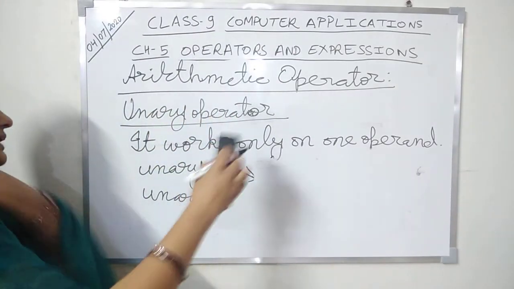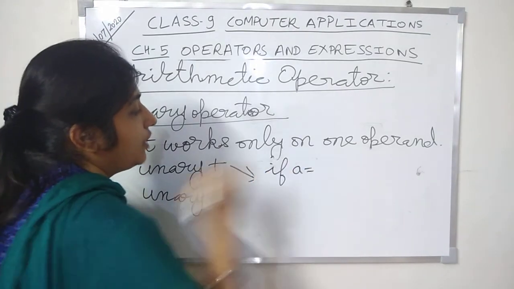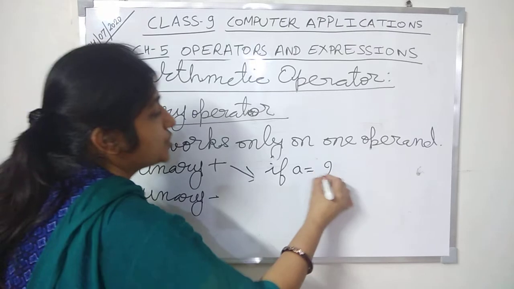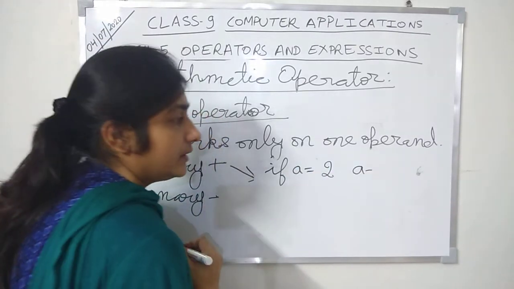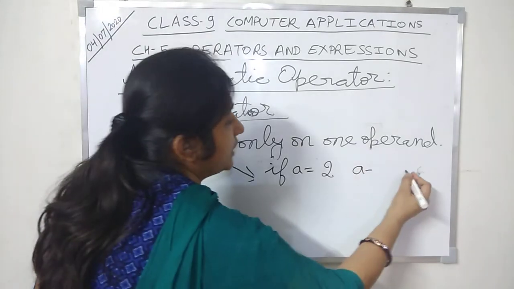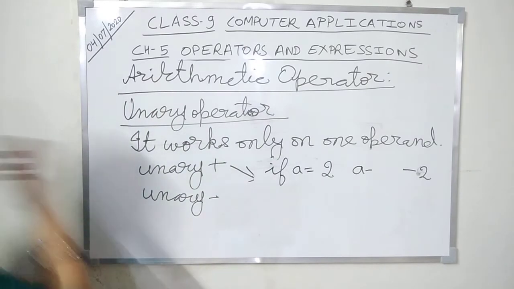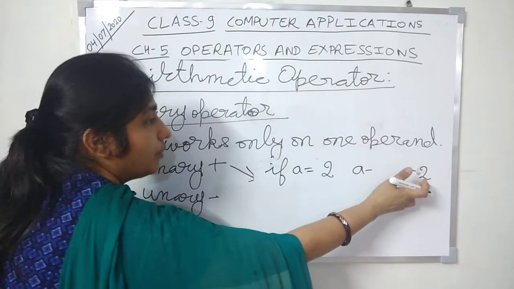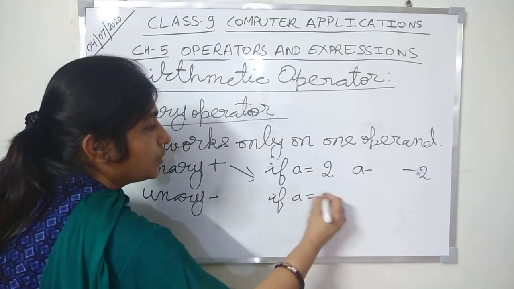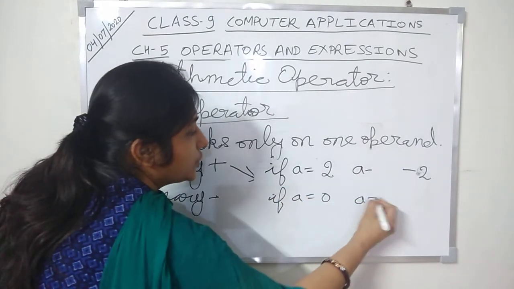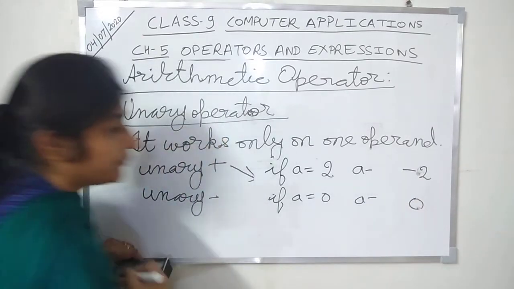Now I will take the same examples. If the value of A is equal to 2, then unary minus A will be minus 2. If A is equal to 0, then unary minus A will also be 0.